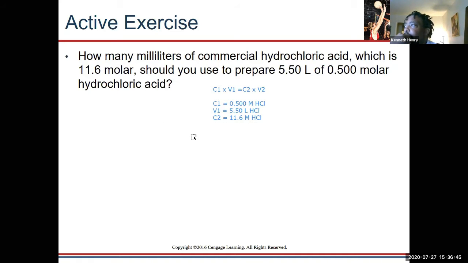Okay, so we want to solve our equation for V2.